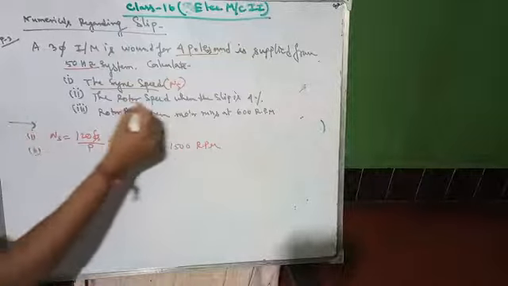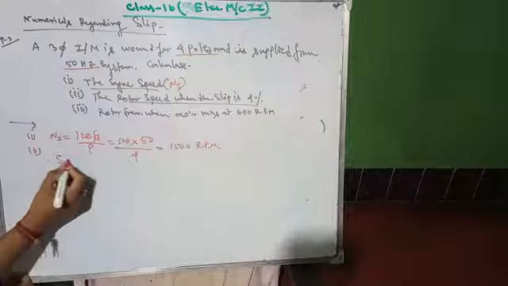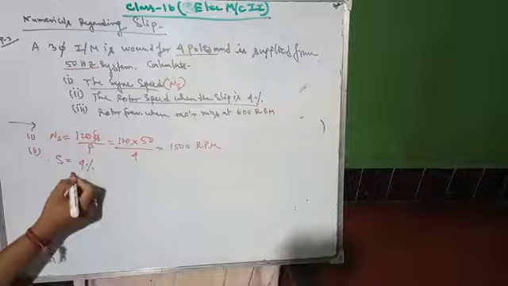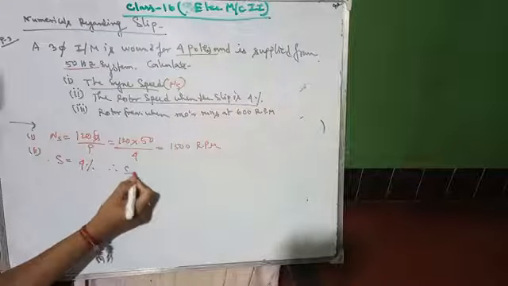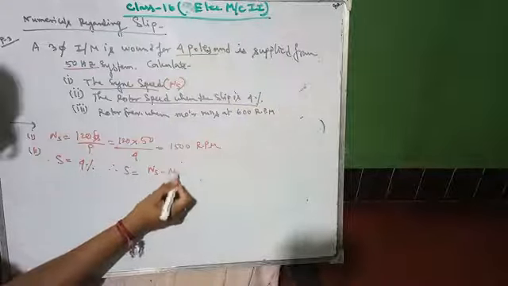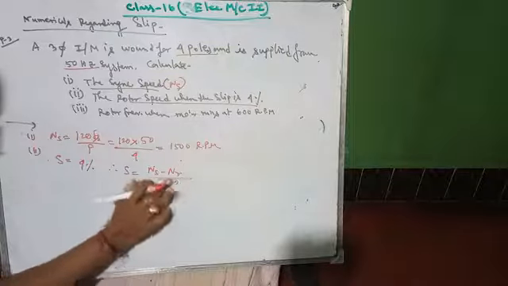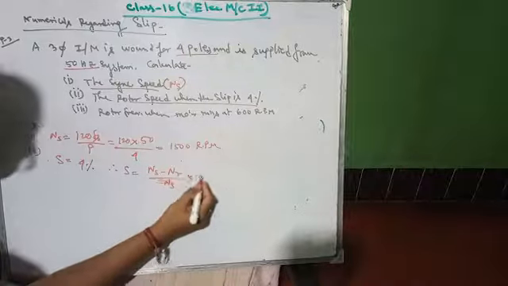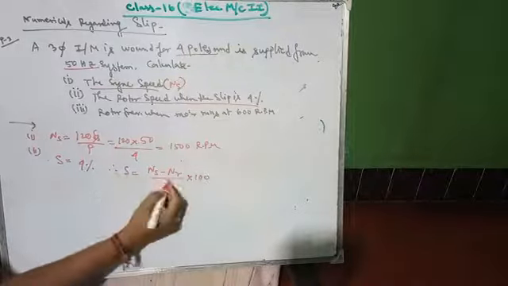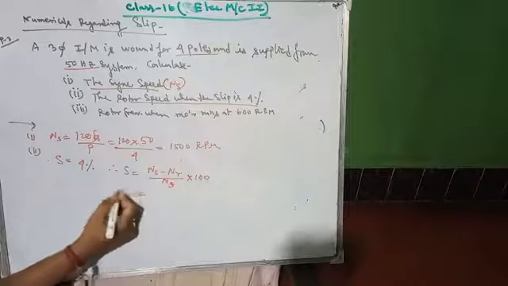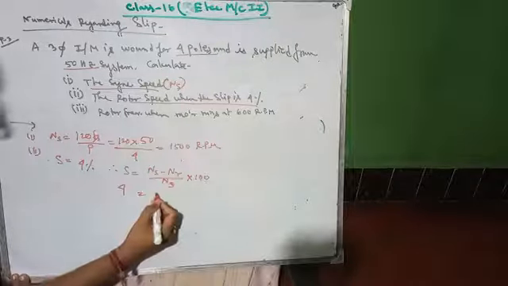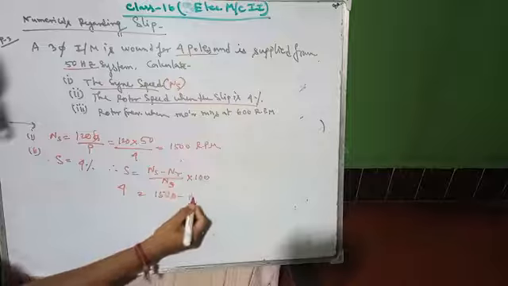So second one, rotor speed when the slip is 4%. Slip equals 4%, so it is given in percent. That's why slip S equals Ns minus Nr by Ns into 100. That is the formula for slip. That will be 4. Ns means 1500, and Nr should be calculated.